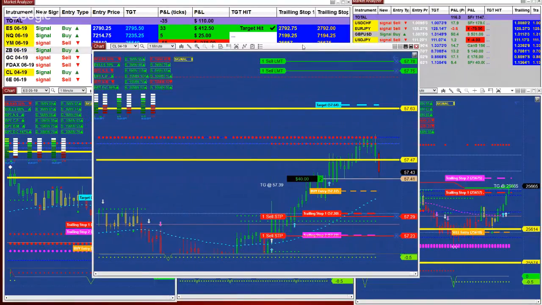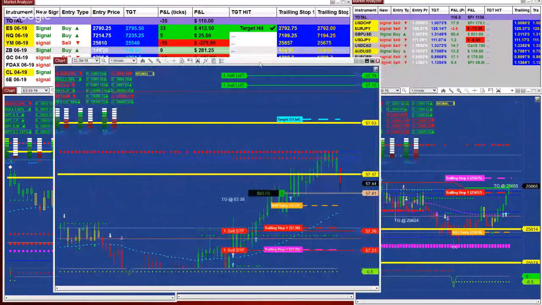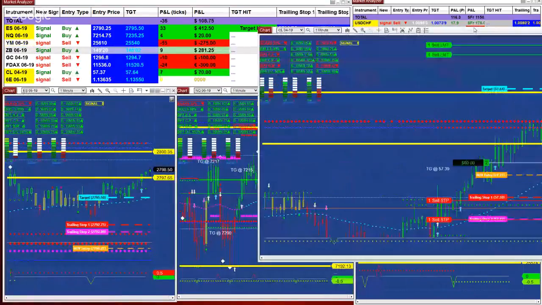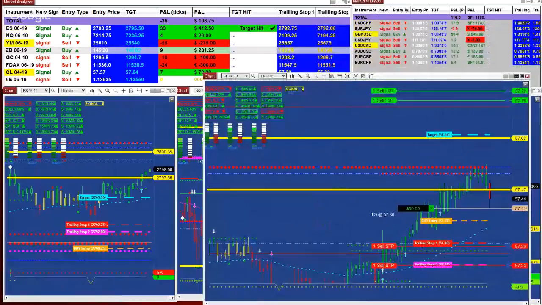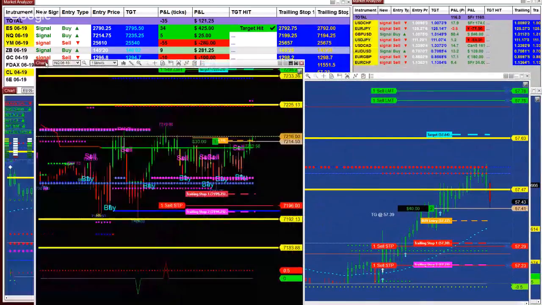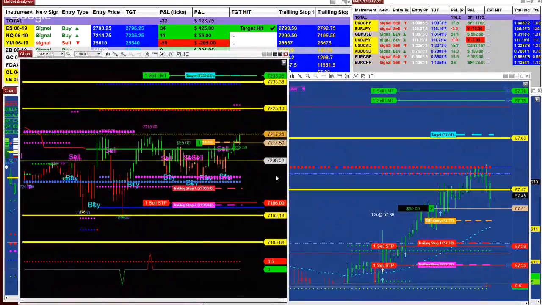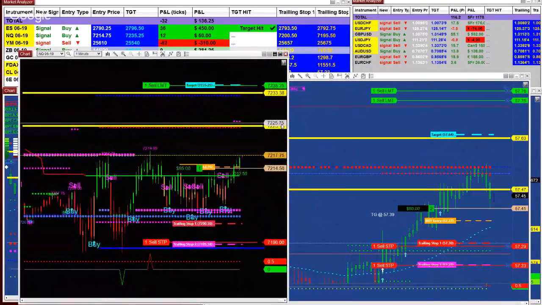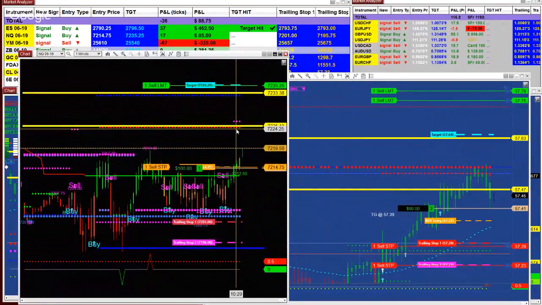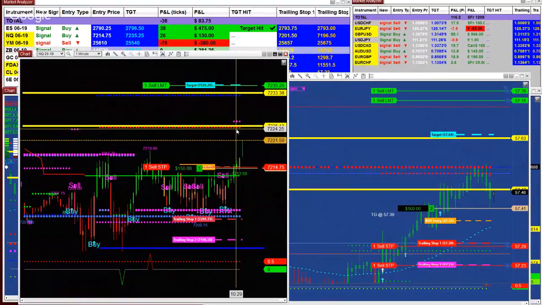And whoever took that trade on the Nasdaq right now, you are in the clear all the way. You are in the clear, folks. Whoever followed us on the Nasdaq, you are in the clear. The first target we have is 7024.25.